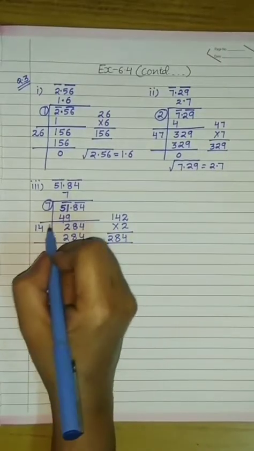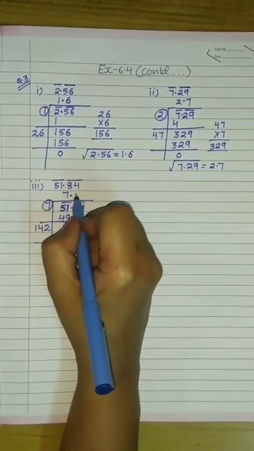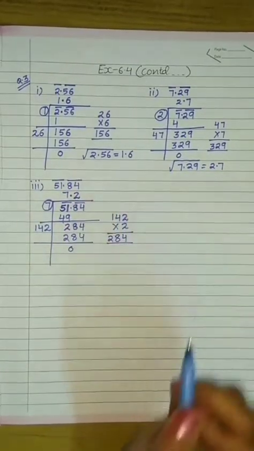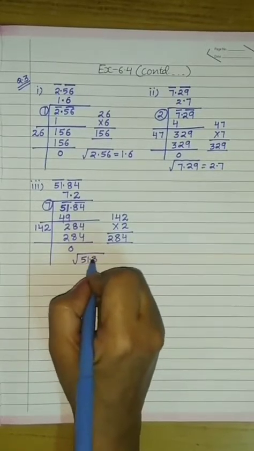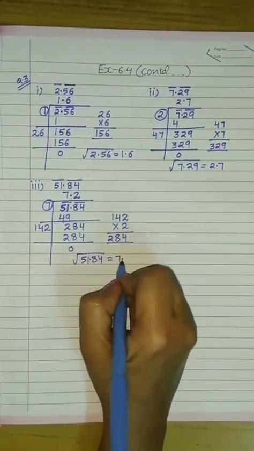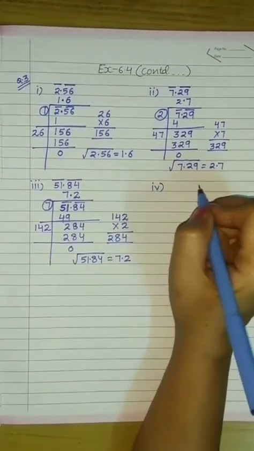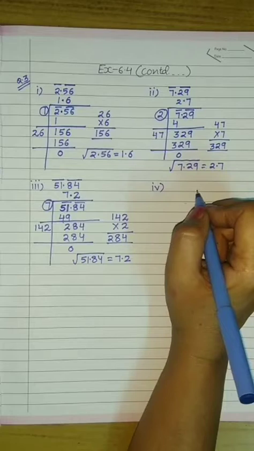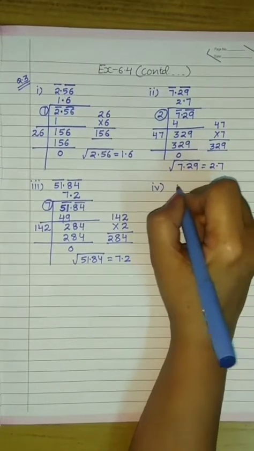So after 14 I will write 2, and I will put the decimal after 7. Then I will write the number 2. So our square root of 51.84 is equal to 7.2.